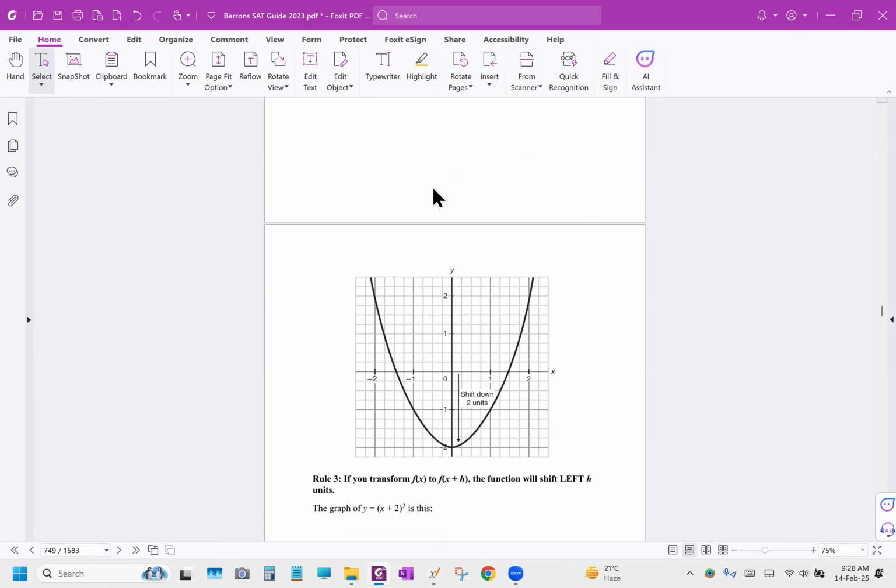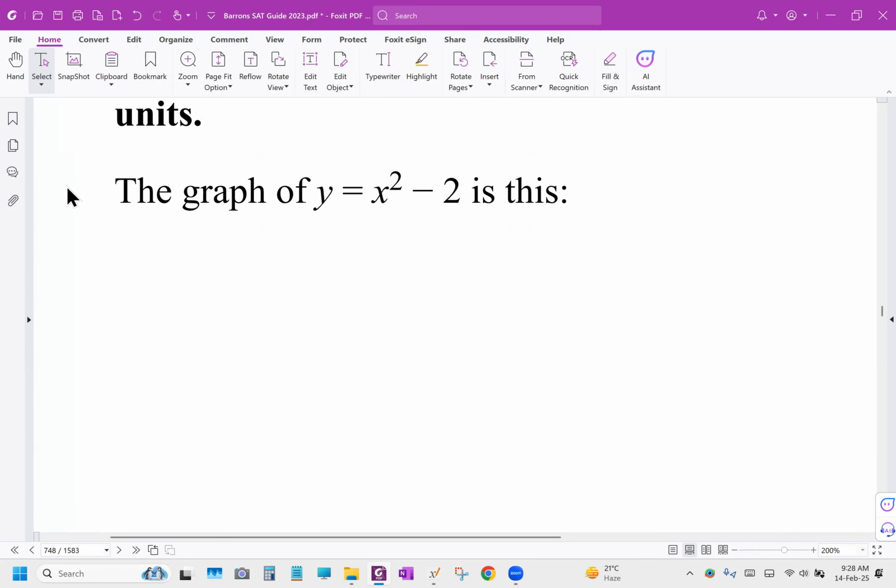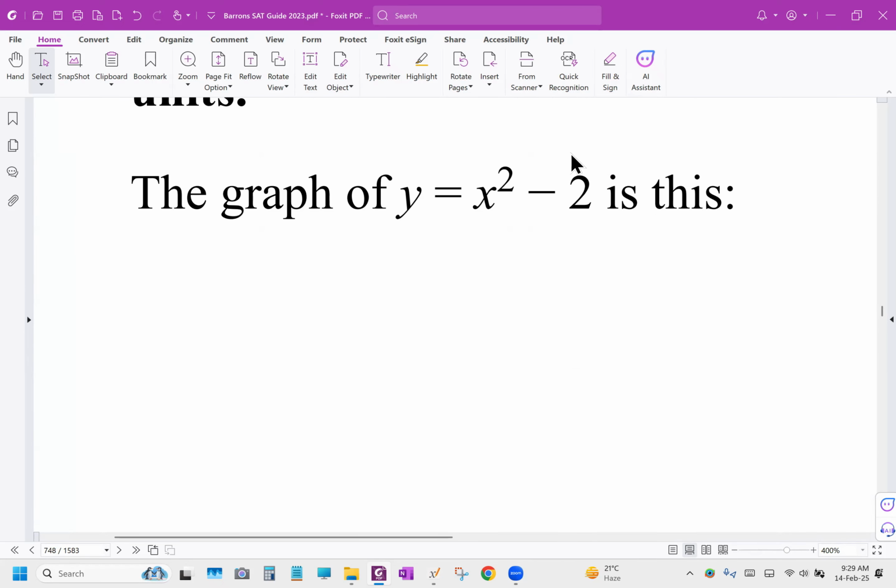Just consider an equation that is y equals x squared. Just don't think about this -2 yet. Primarily consider the equation y equals x squared.